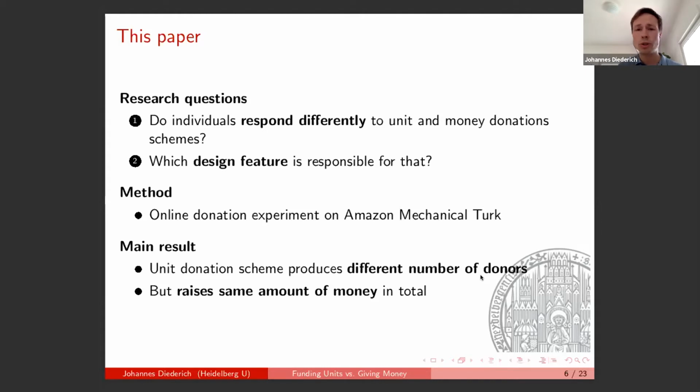So the conclusion is that a unit donation scheme can be a virtually costless option for a charity to exercise some control over the number of donors that will respond to their campaign, for example, for future targeting and other reasons that have been shown to be beneficial for them.